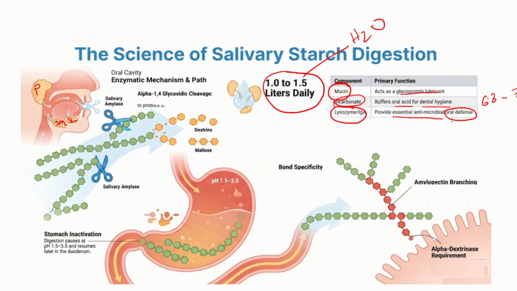Finally, we add lingual lipase and salivary amylase, which is the star of oral chemical digestion. And this salivary amylase was historically known as ptyalin.